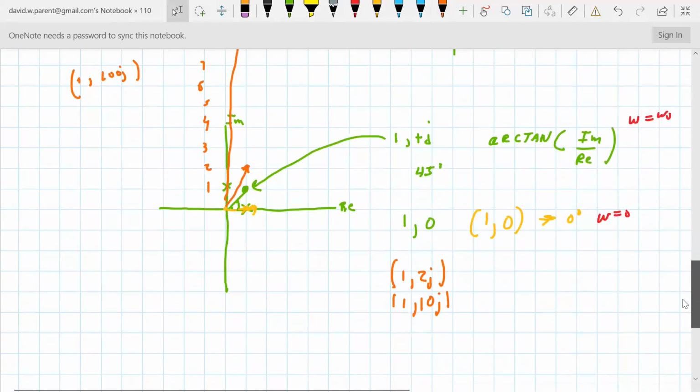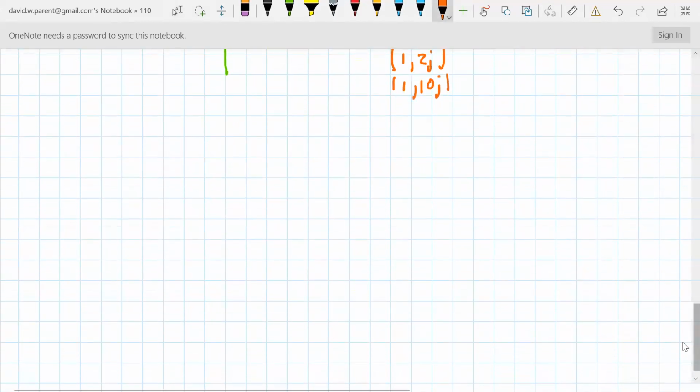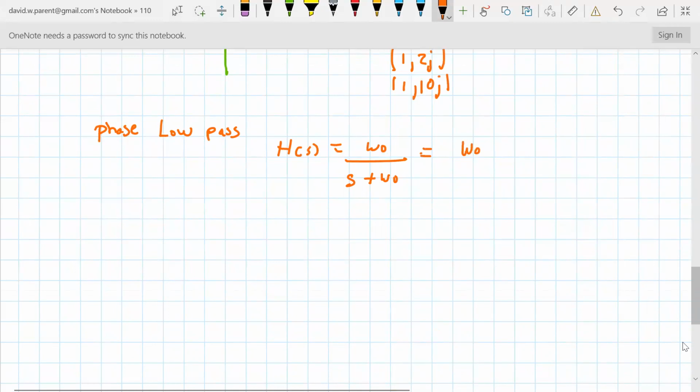So when we look at the phase of the low pass, right? Well, okay, let's take H(s) equals omega naught over s plus omega naught. Well, the top part here, if I were to convert that into phasor notation, the magnitude is omega naught. It's all real, so the phase is 0.